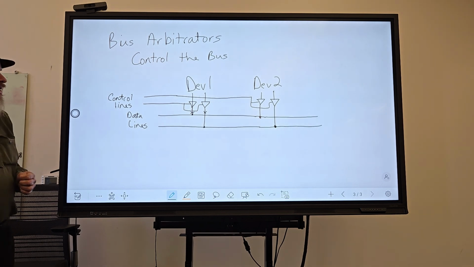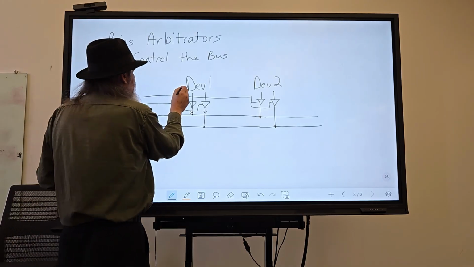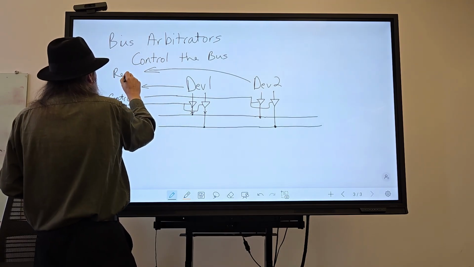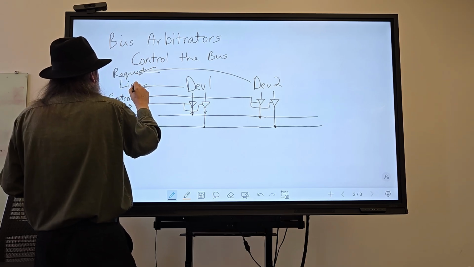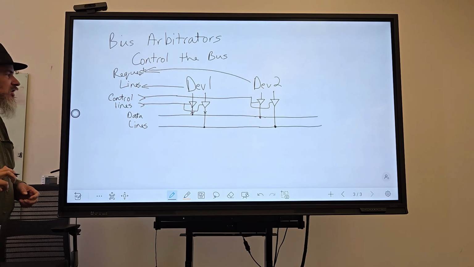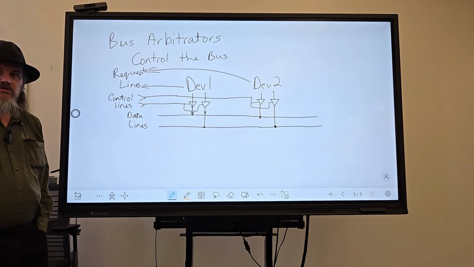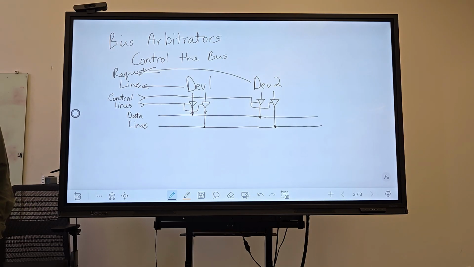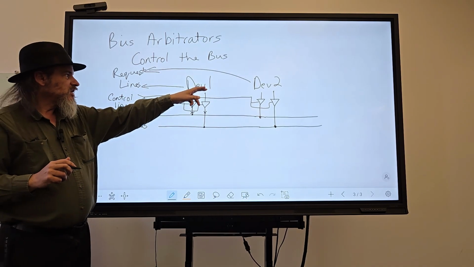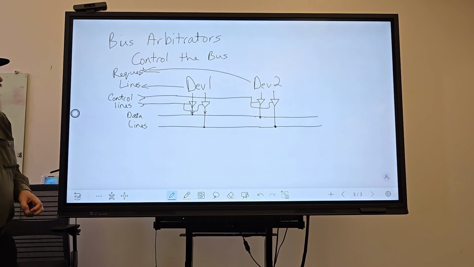So basically in the control lines, the devices will have a request line going to the bus arbitrator, and the bus arbitrator uses whatever logic it employs to determine who will have access to the bus at any given time, and will send the appropriate signal to the interface between the device and the bus to give them access.